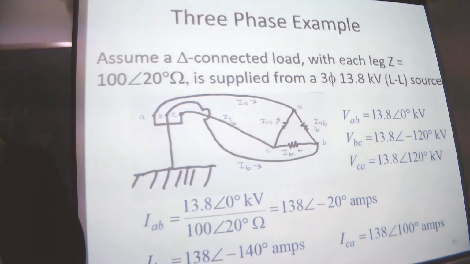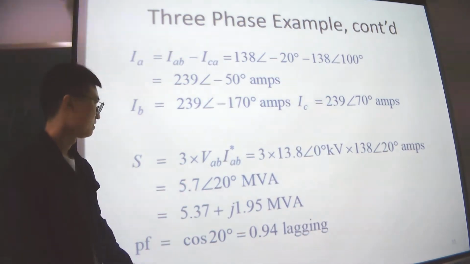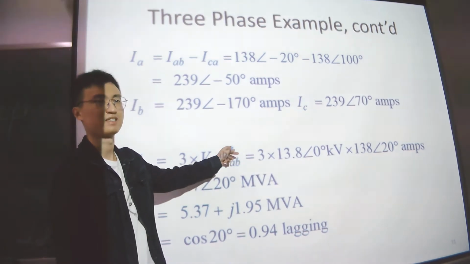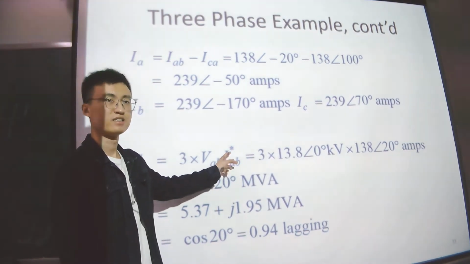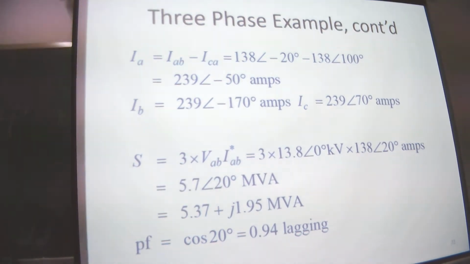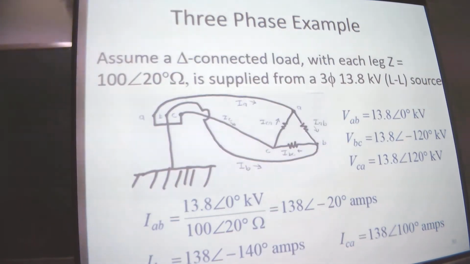Because, please notice that here is the star symbol. The star symbol is here. This is the conjugate number. The previous voltage is 100 degrees. Okay, this matches.